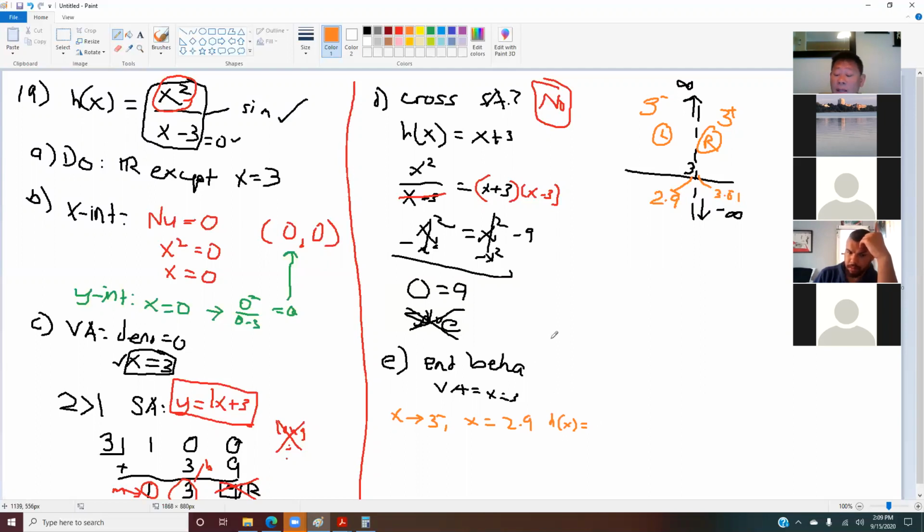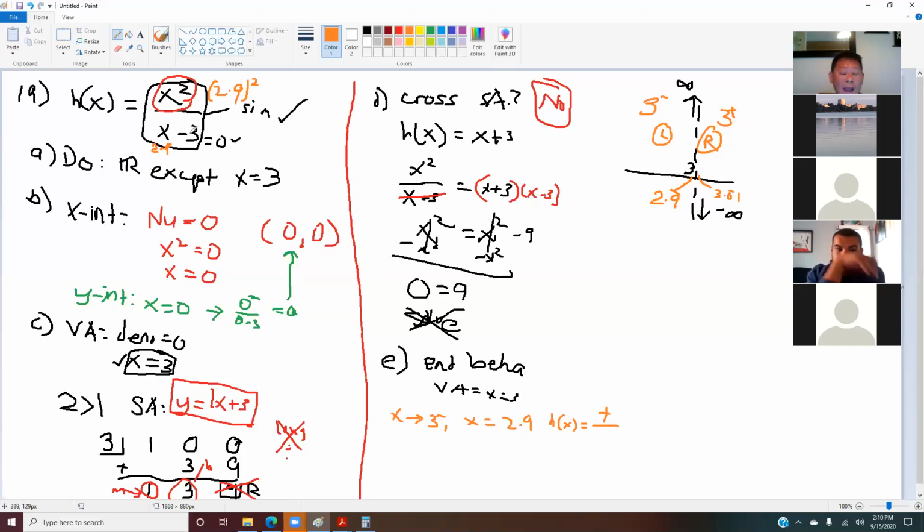What we need to figure out is, are they going to positive or negative infinity? When you take 2.9 and you square it, do you get a positive or negative number? You don't need the actual number, just figure out the sign. This will give me a positive number. What happens when you put 2.99999 minus 3?